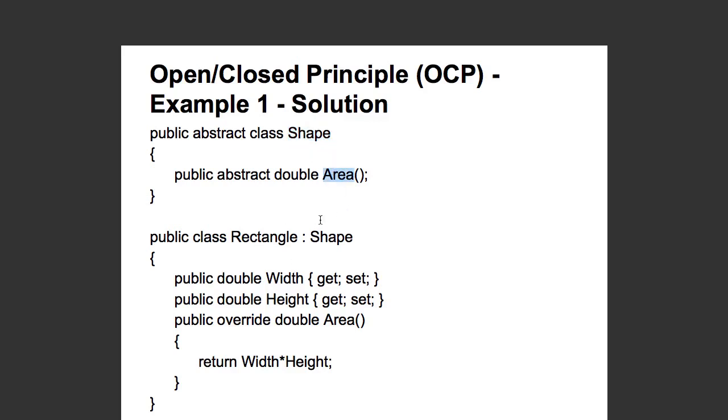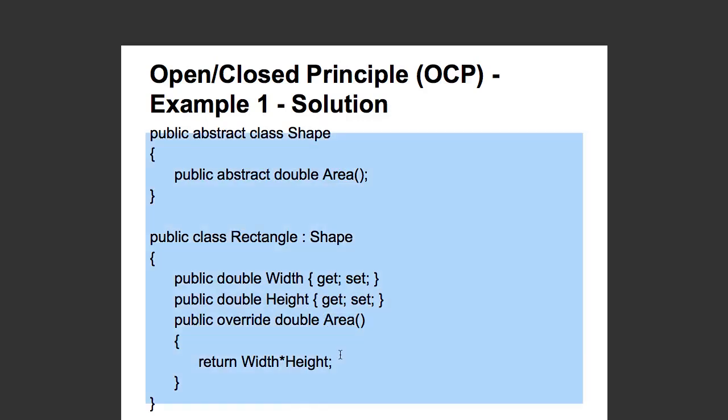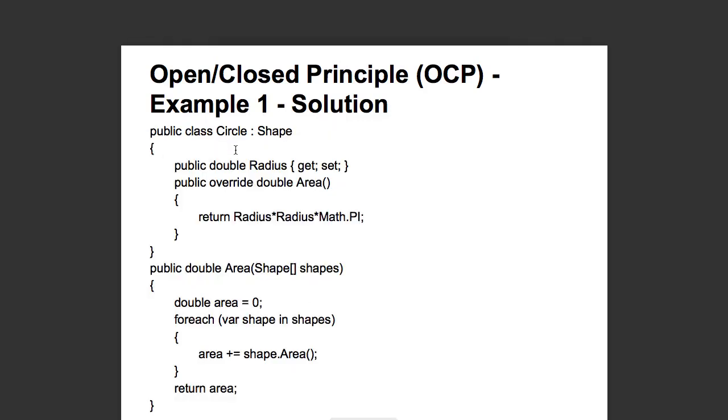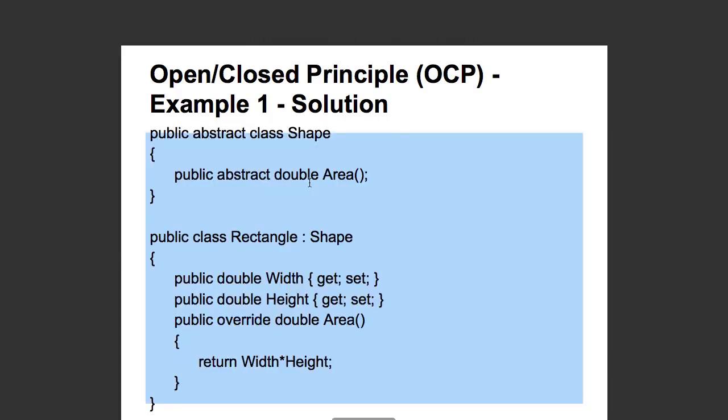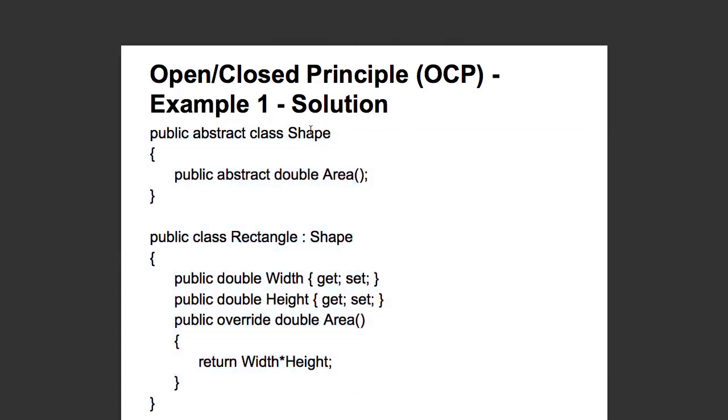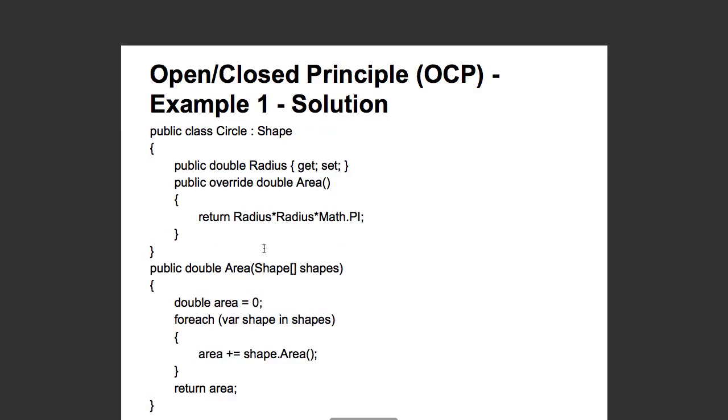And each of the shapes, rectangle and circle, implements the area method. So we implemented a common interface or an abstract class shape, and we have all the shapes, rectangle and circle, implementing that. This area method now is just responsible for looping around the shapes, calling the area method, and summing up the area.